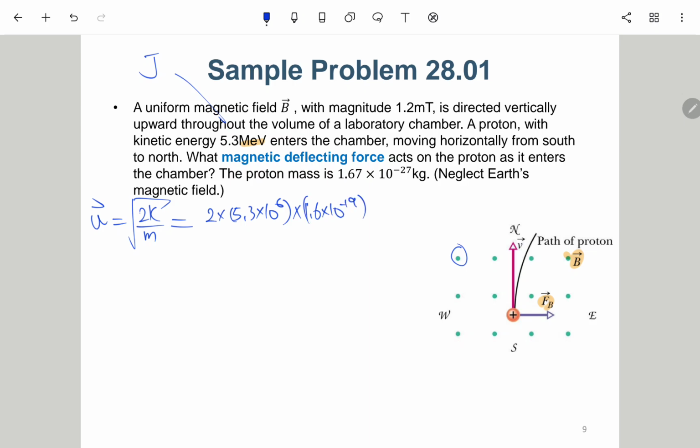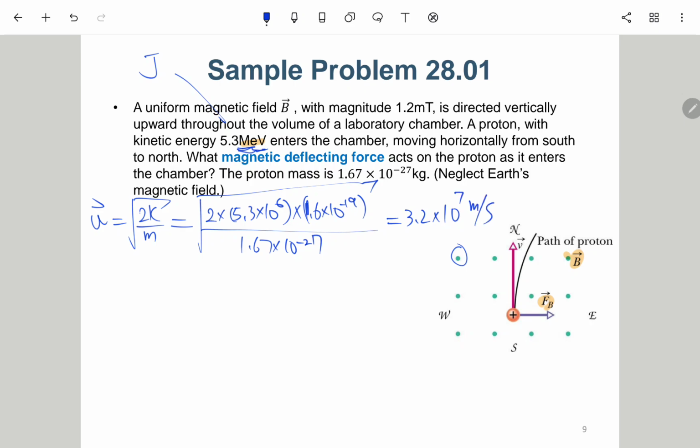Okay, you just need to keep in mind that eV is a very small unit. If you need to convert eV into joule, you need to multiply by 1.6 times 10 to minus 19 to make the values very small. Okay, and then mass is 1.67 times 10 to negative 27, and then take the square root. So this velocity is 3.2 times 10 to the 7 meter per second.